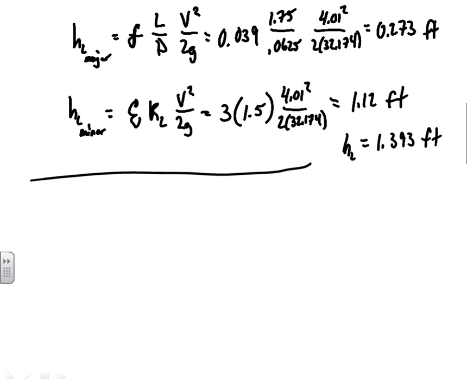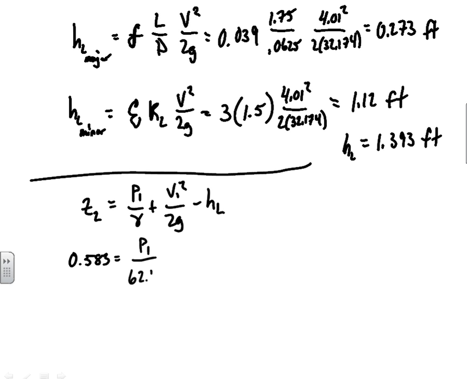Now we can go back to our mechanical energy equation. We cancel out a lot of terms, but we are left with Z2 equals P1 over gamma plus V1 squared over 2G minus the head loss. Z2 was equal to 0.583. P1 is what we're trying to solve for.